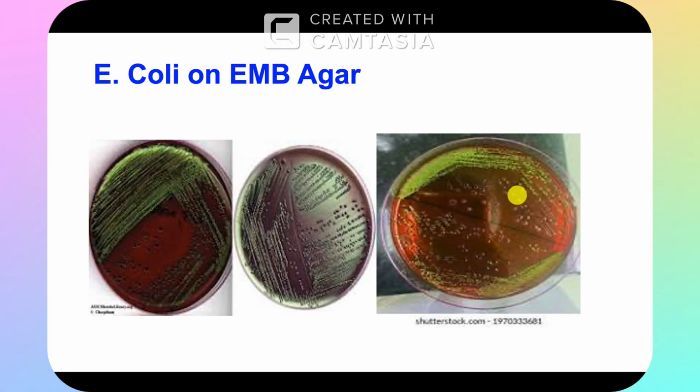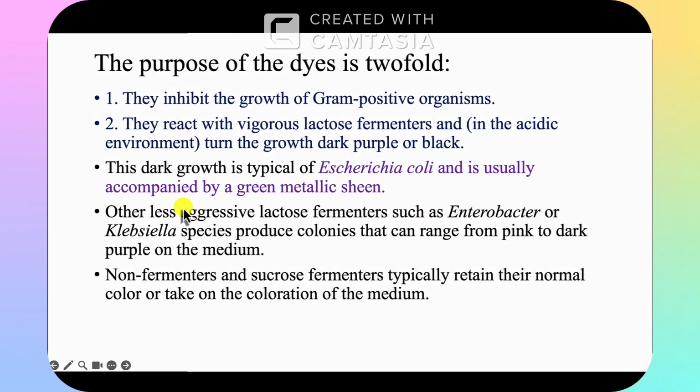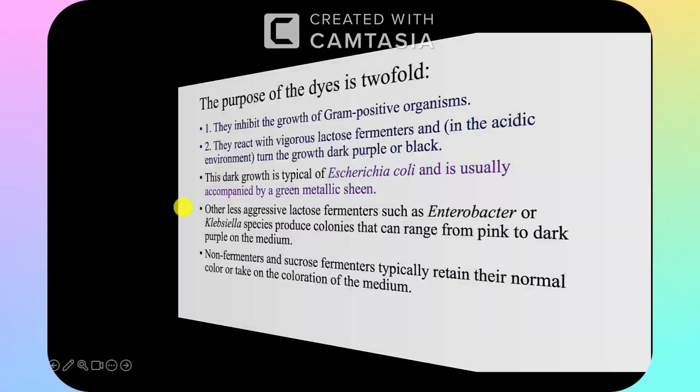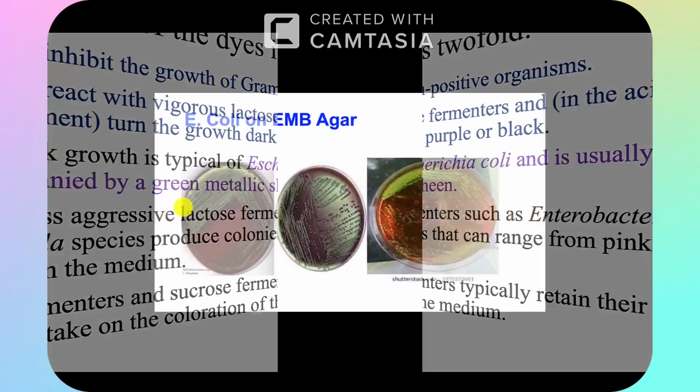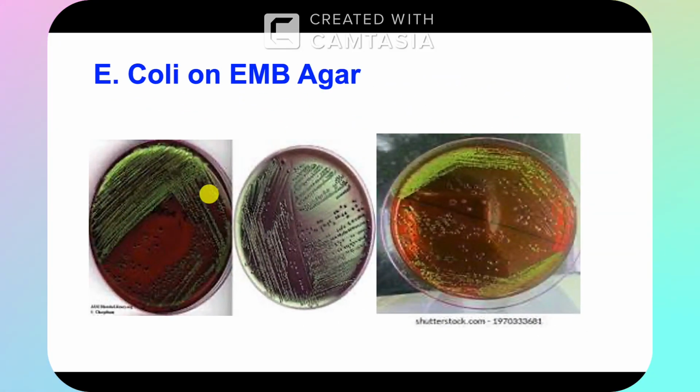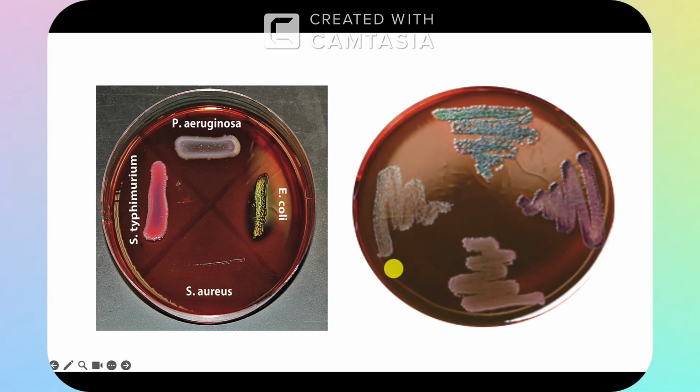As you have seen in these images, this is the green metallic sheen. Green metallic sheen means that it is E. coli. Again, this is E. coli. This is pink, like Salmonella, Pseudomonas aeruginosa.